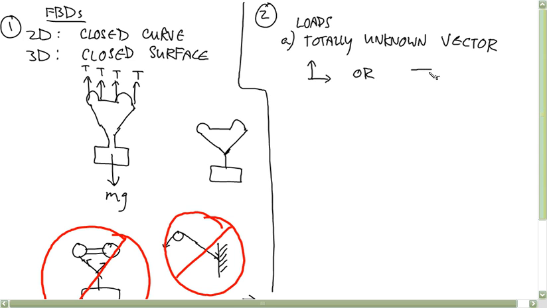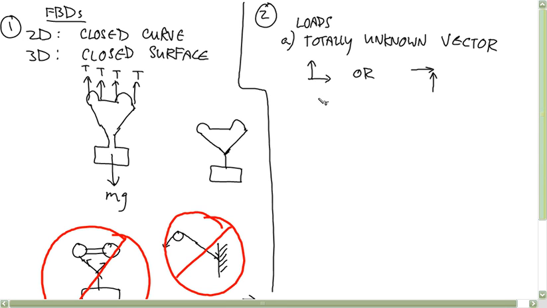That's how I do it, but it actually might be more common to see it like this. Okay, either one of those is fine with me. But either one of these indicates that you have a full set of components unknown for that vector. Okay.